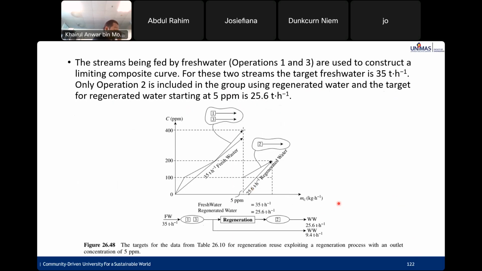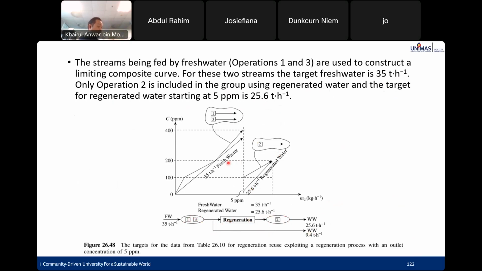So in this case, stream 1 and stream 3 will be fed with fresh water, and the wastewater from these two will be regenerated and goes to stream 2, and some of it will go to the wastewater.